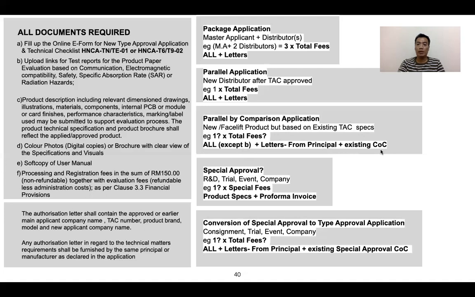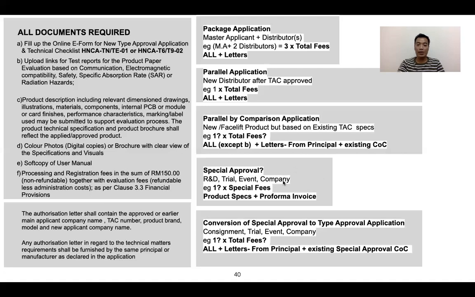But some of the products can be found in different models of, like, cars. Okay, they're using the same wireless module. Therefore, please furnish us with the existing COC plus the declaration letters.